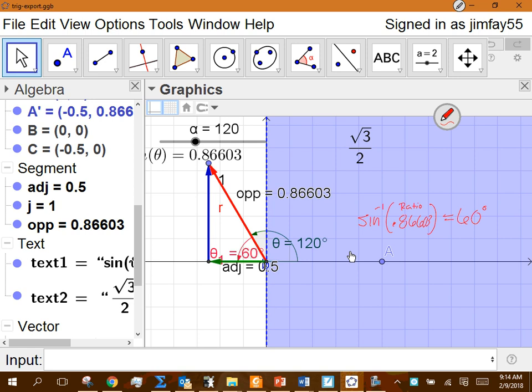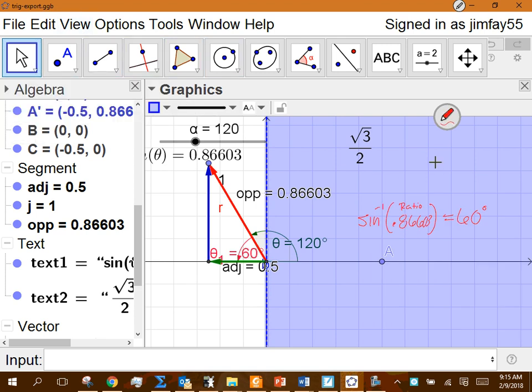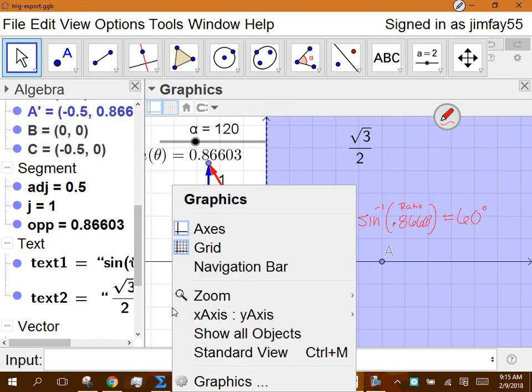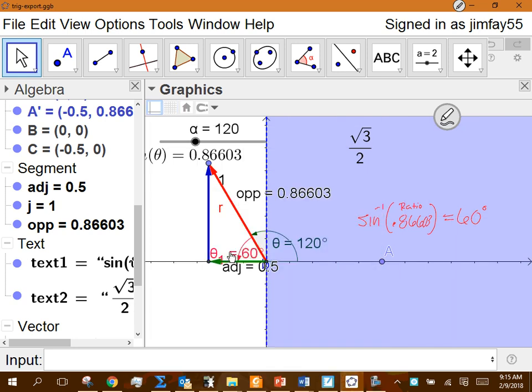So I think maybe yesterday I might have written something down that looked like, I just want to get rid of some stuff here.